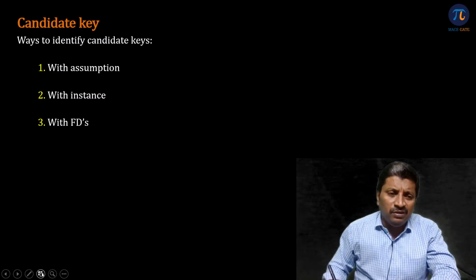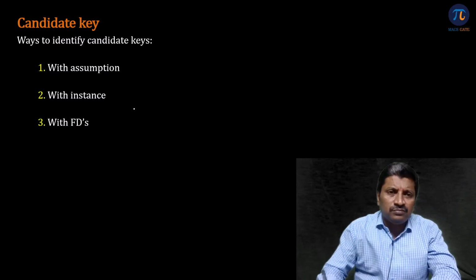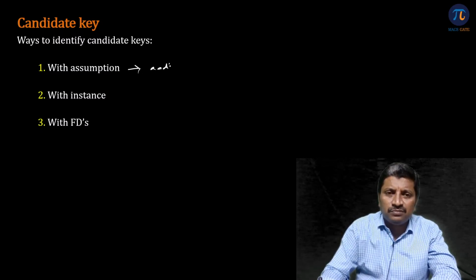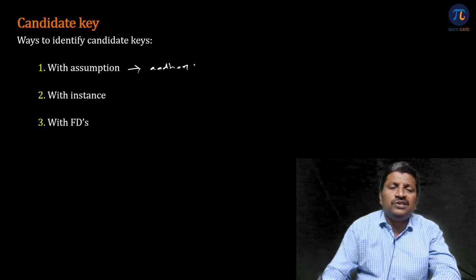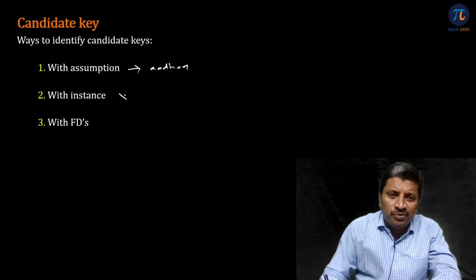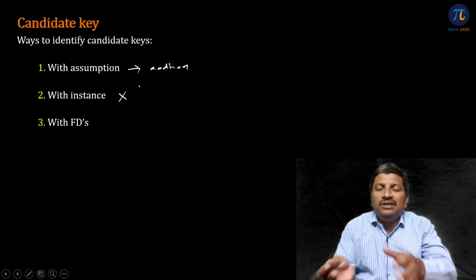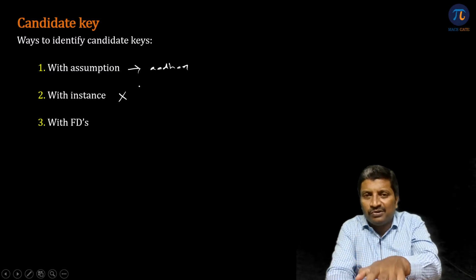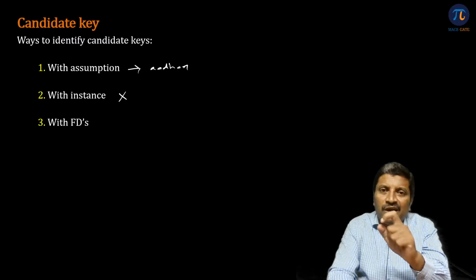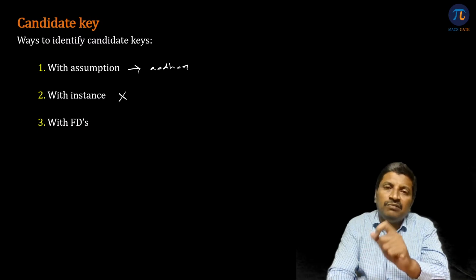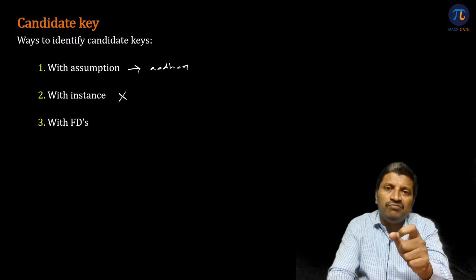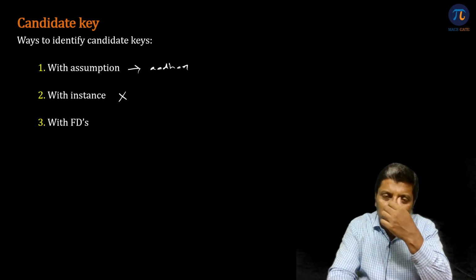So this is the example we have done about the Aadhaar numbers, right? The next one is with instance. Generally people don't use it, sir, but if I consider that at that particular point of time, this is the only data I have in my relation, we can say this is the candidate key for that particular relation. But generally we don't go for this method with instance.